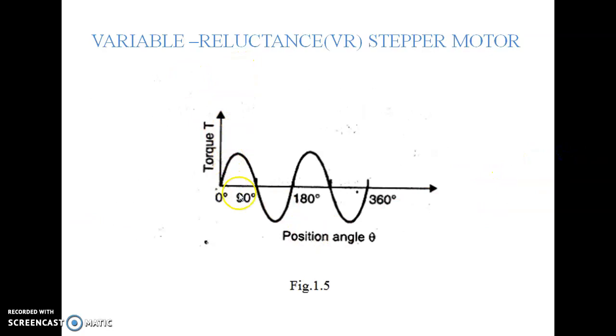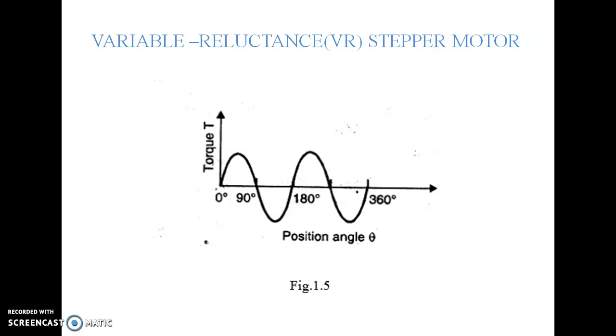Now, coming to the diagram, here on the x-axis we have also taken position angle theta. Here we have taken torque, as in the case of the PM stepper motor. And here we can see, starting from 0, one half cycle is divided into two again, so 0 to 90 degree, then 90 to 180 degree. When the position angle theta is 0, the torque will just start developing.